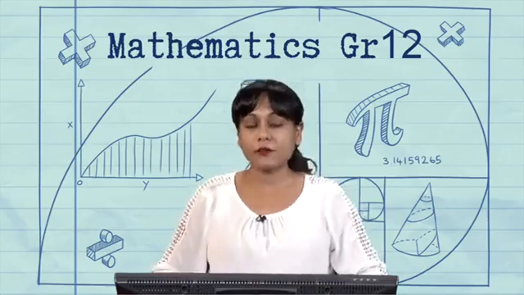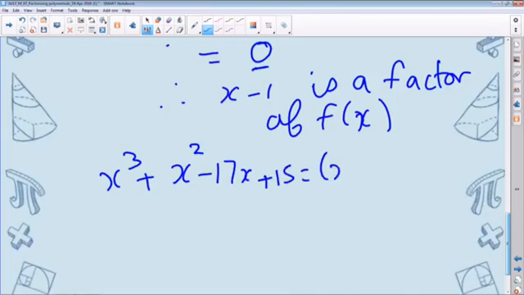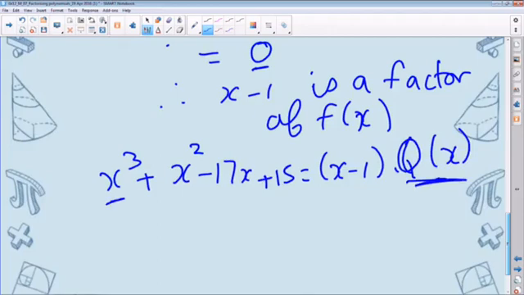All right, so we've got our factor. Let's do our division. So division by inspection works like this. I'm going to set this up as x cubed plus x squared minus 17x plus 15 is going to be equal to my divisor x minus 1 times some quotient q of x. Now remember, this q of x has always got to be 1 degree lower than your dividend.